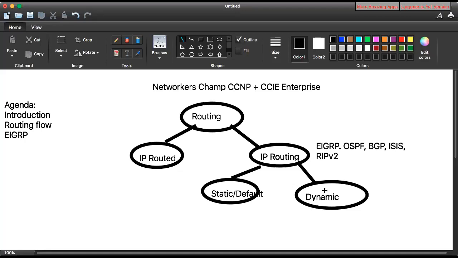What the router is going to learn is what it doesn't know: which networks are indirectly connected, not connected to the router directly but still somewhere in the network. These routing protocols learn those prefixes and advertise them from one router to another router. We will have more discussion on it.